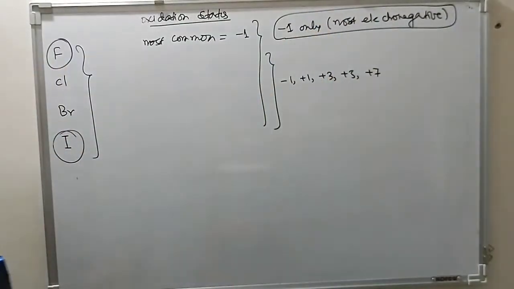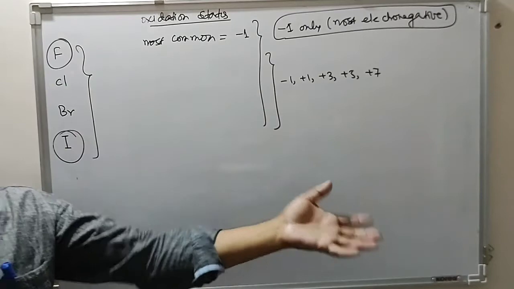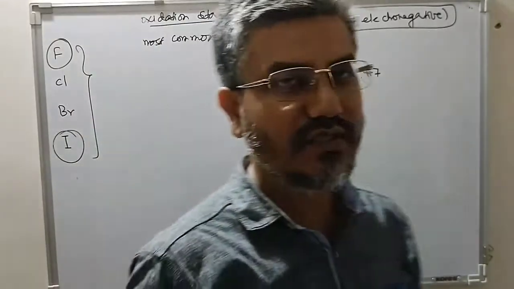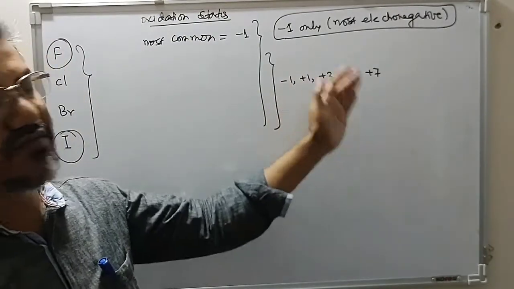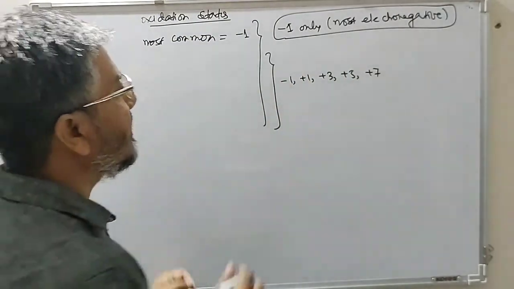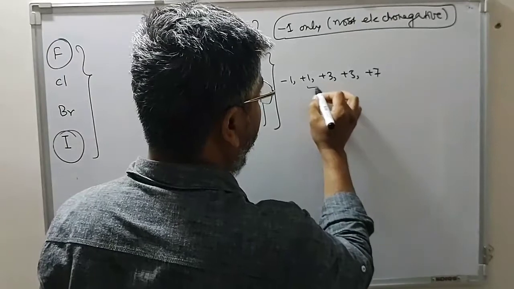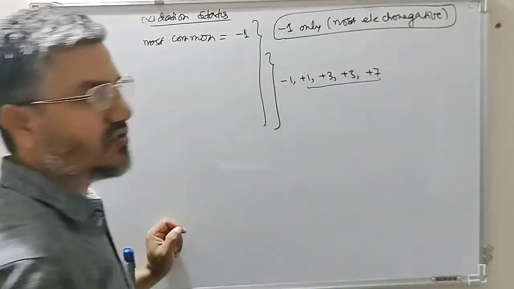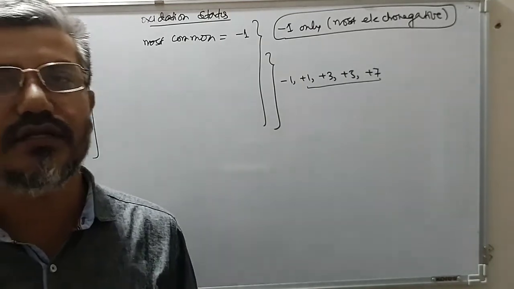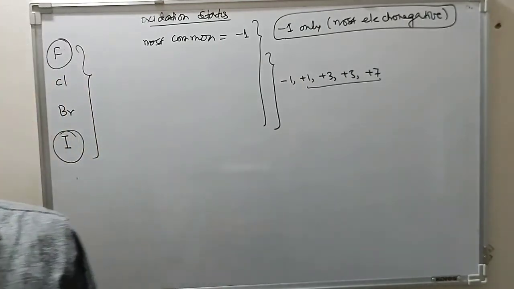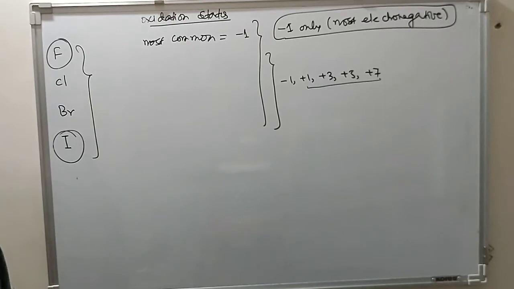So fluorine being the most electronegative shows only one oxidation state, that is -1, whereas the rest of the elements show -1, +1, +3, +5, +7. These higher elements show positive oxidation states not because of the complete removal of electrons from the p orbital or the s orbital.